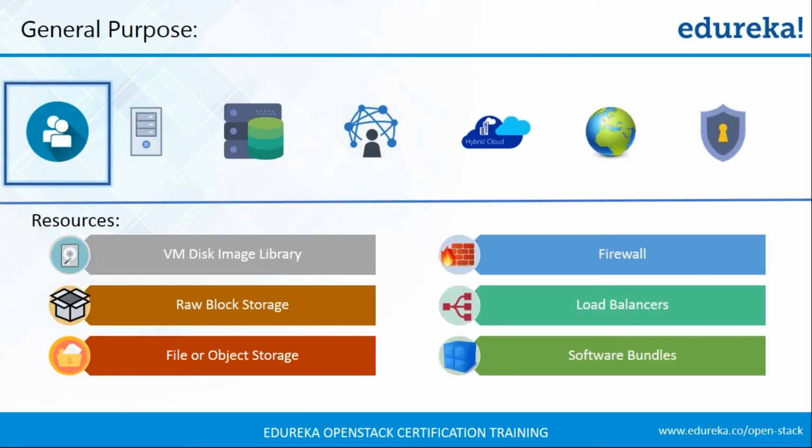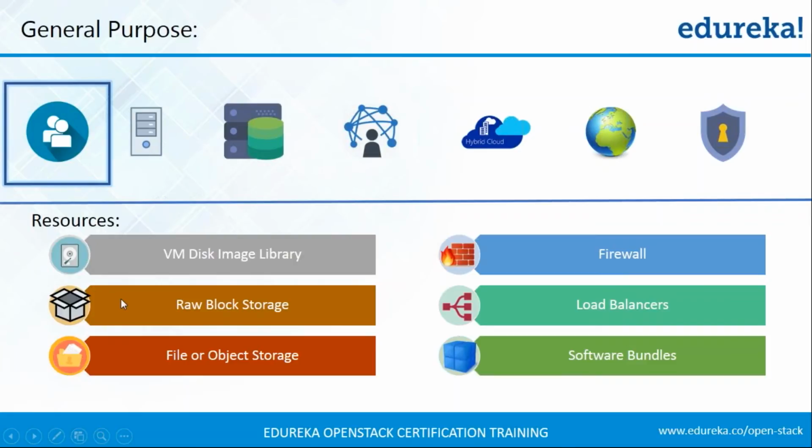So the first one is general purpose. So general purpose can be, let's say that you have a small application and you want to run dev, test, prod on your cloud infrastructure, which is not a very large application. So these are the resources that you might be needing. You would be needing a VM disk image library, and this is actually a file format that describes containers for virtual hard disk drives, which you can use in virtual machines like VMware Workstation or VirtualBox as well.